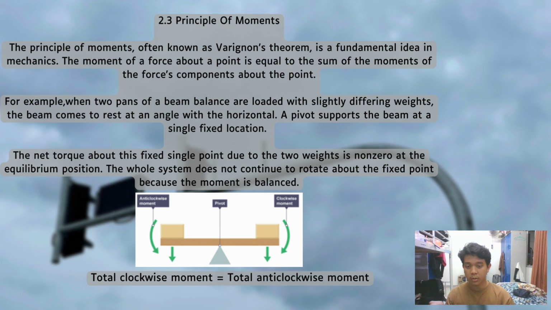The net torque about this fixed single point due to the two weights is non-zero at the equilibrium position. The whole system does not continue to rotate about the fixed point because the moment is balanced. So below is the example picture of the point. Total clockwise moment is equal to total anticlockwise moment.